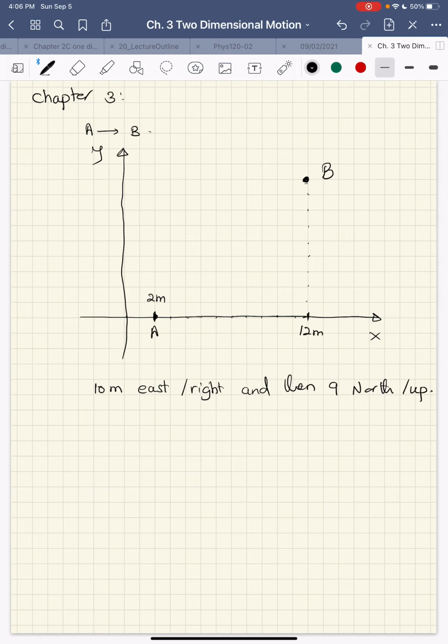Now, we can say there is a displacement vector here, and there is another displacement vector here. Let's say this is X and this is Y.